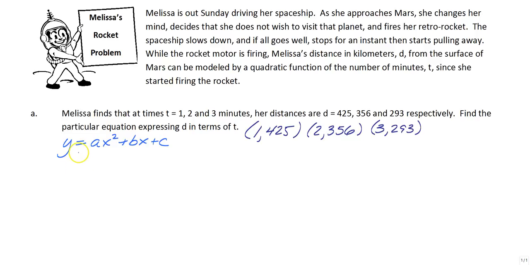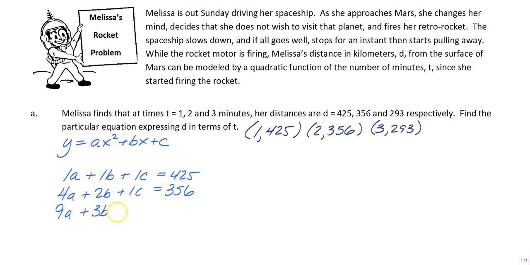So for our first one, we would have 1a plus 1b plus c, which is going to have a leading coefficient of 1, of course, and that's equal to 425. For the second one, we would have 4a plus 2b plus 1c, that's equal to 356. And the last one is 9a plus 3b plus 1c is equal to 293. Now that's our system that we need to use.